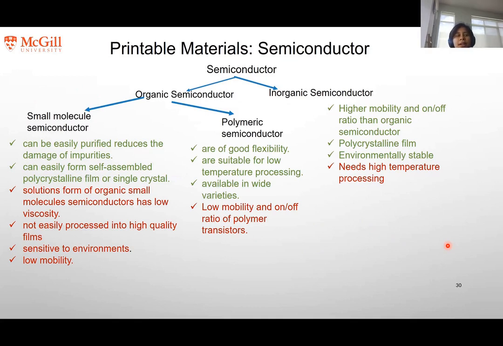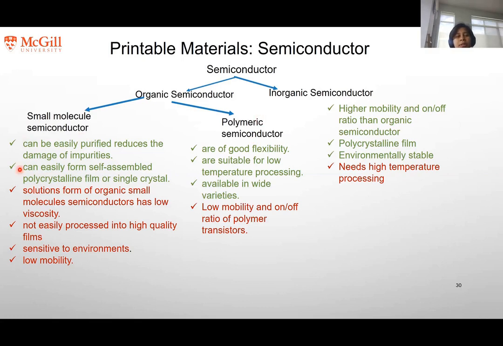So we looked into conductors. The next important material that we're going to look into is semiconductor. Semiconductors for printed electronics can be divided into two categories. First is the organic semiconductor, and then the inorganic semiconductor. For organic semiconductor, we have small molecule semiconductor and then polymeric semiconductor.